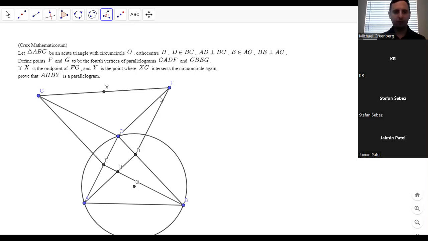This is going to be 180 minus angle C. Sometimes I call these pseudo similar triangles. If you look at triangle CED and CFG, these two sides are in the same ratio, but instead of the angle being the same, it's 180 minus it.